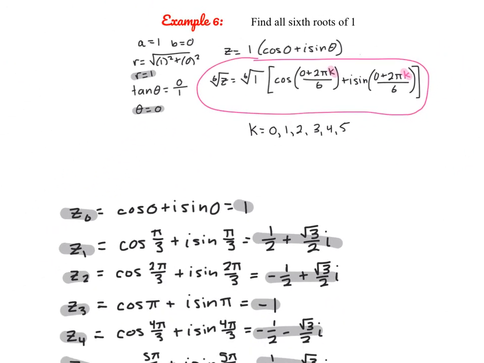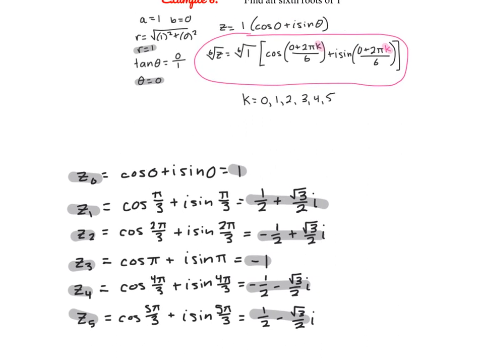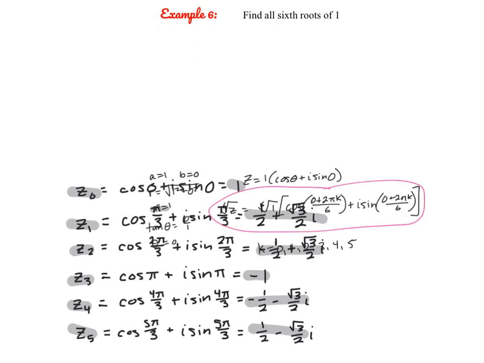Here I've already written out the work for this. It is a little bit tedious. You just need to go through and substitute all 6 of those k values, and you get your 6 roots. So you have 2 real roots, +1 and -1, and then you have 4 imaginary roots. Like I said, it is a little bit tedious, but it will work.